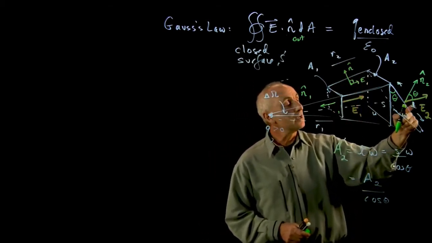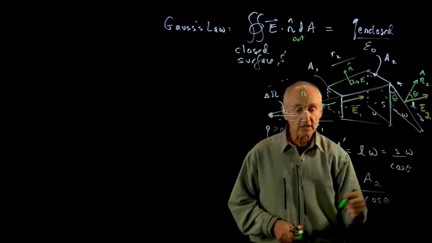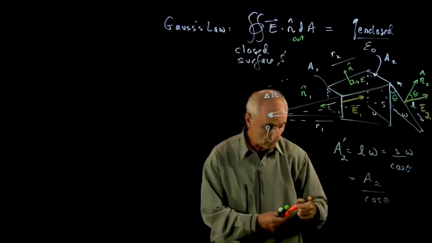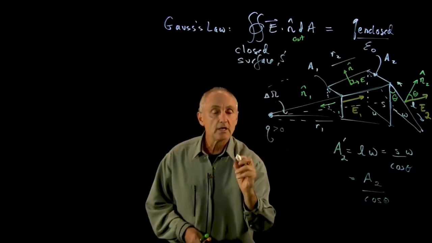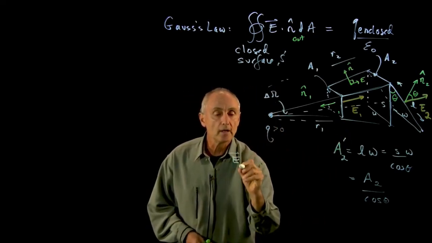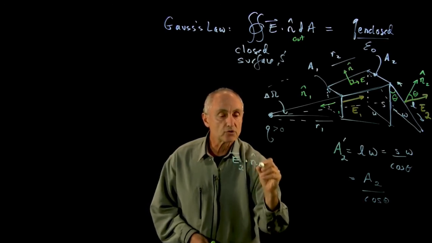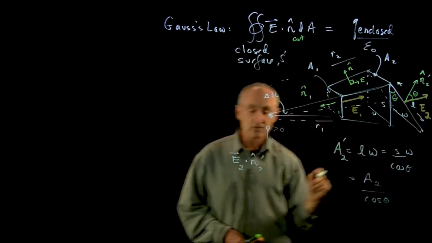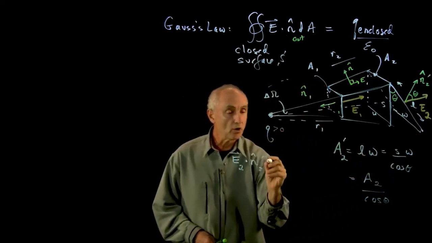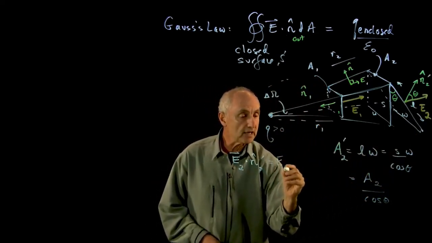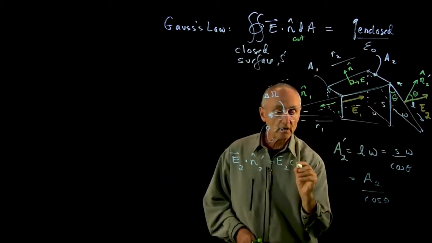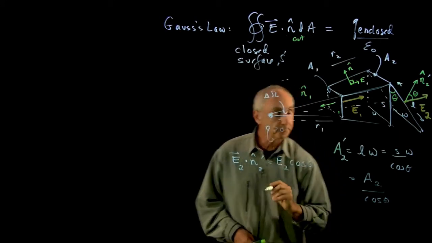On this face, the electric field is no longer parallel to n hat. What we have here is E2 dot n hat 2 prime. E is the same, but our unit normal is different. Well, that's the magnitude of E2 times the cosine of the angle between them.